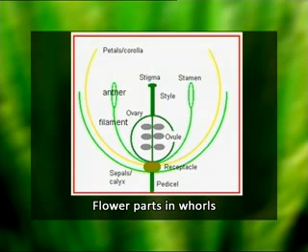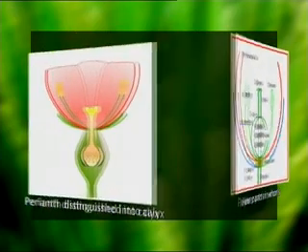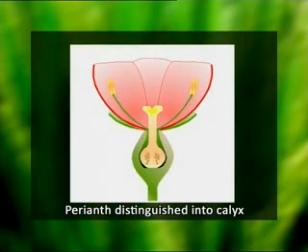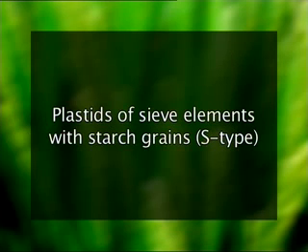Number two, floral parts are arranged in whorls, not spirally arranged. The perianth which is present in the flowers of eudicots is clearly distinguishable into calyx and corolla. And these eudicots have plastids of sieve elements with starch grains called S-type.